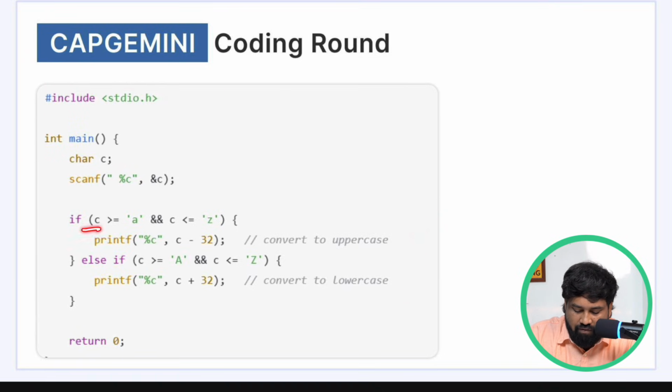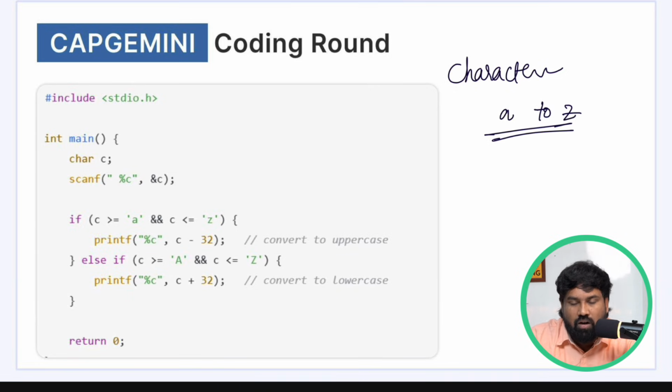For example, if c is greater than or equal to 'a' and c is less than or equal to 'z', which means the character they entered is between small a and small z, what is it called?